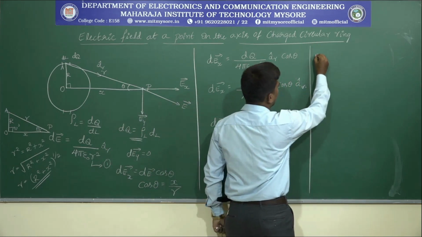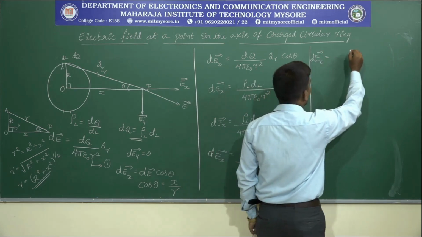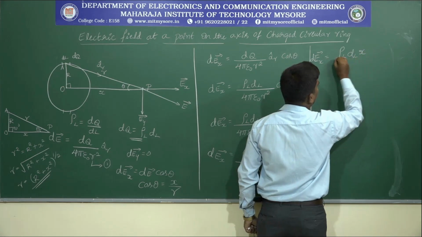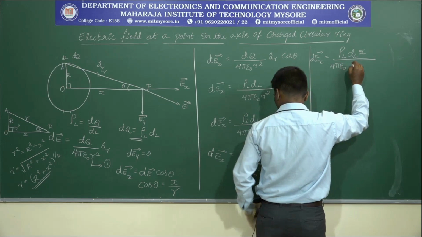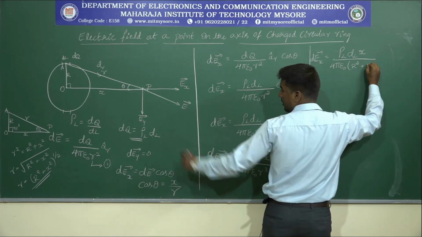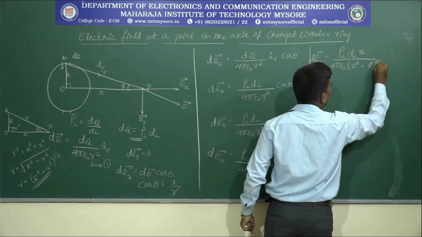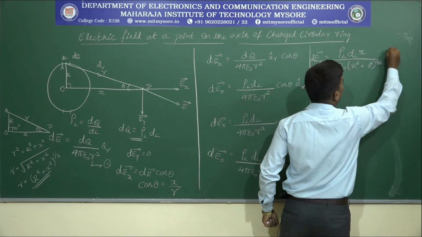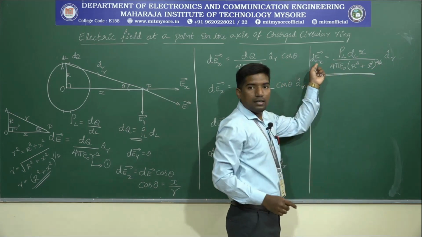Then it results in dEx is equal to rho L into dL into x divided by 4 pi epsilon naught into R cube, which means (r square plus x square) whole power 3 by 2, into a cap r. This is the equation for dEx.